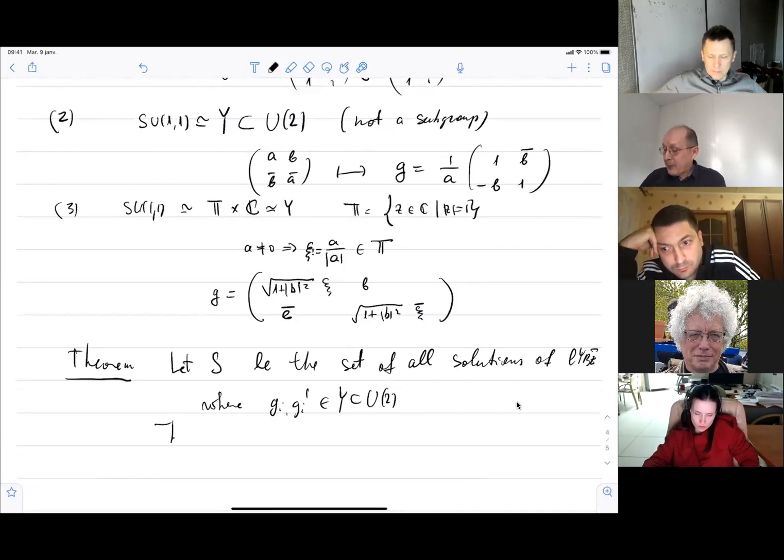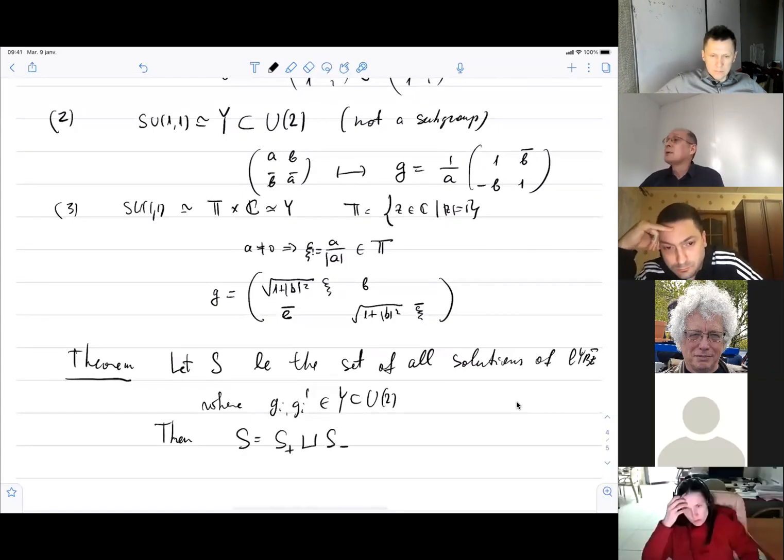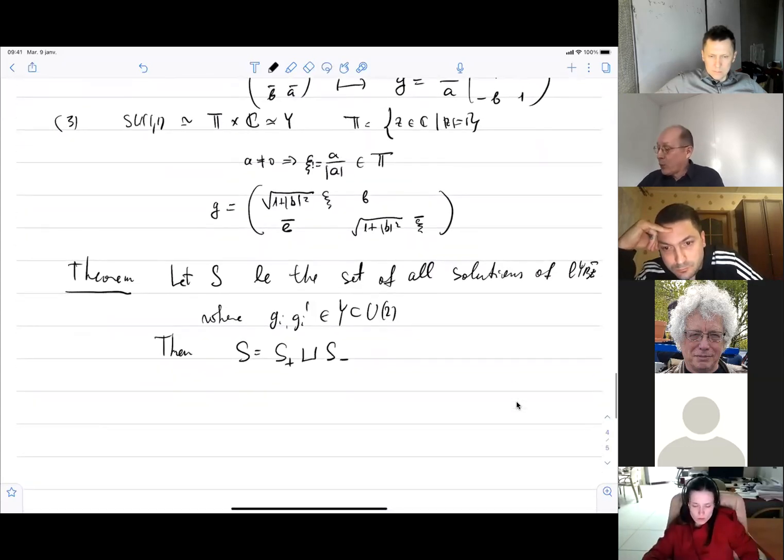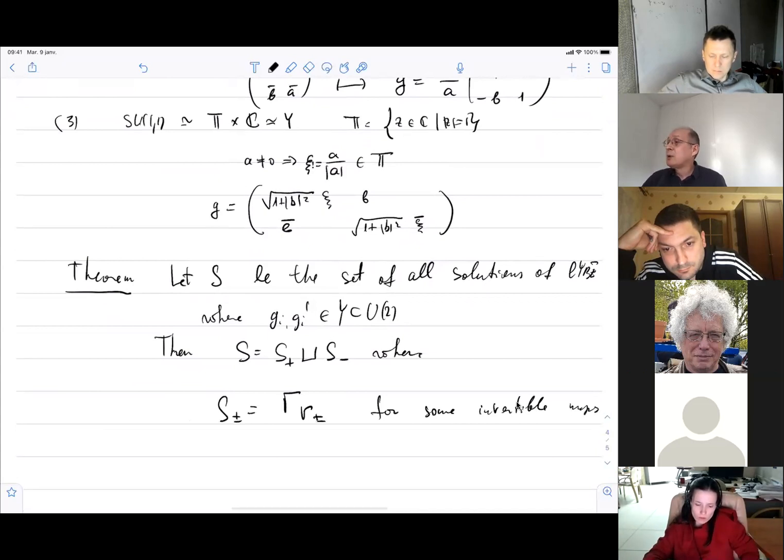Then S consists of two connected components, where each of them is a graph. S plus and minus is a graph of certain maps R plus and minus, for some invertible maps R plus minus.